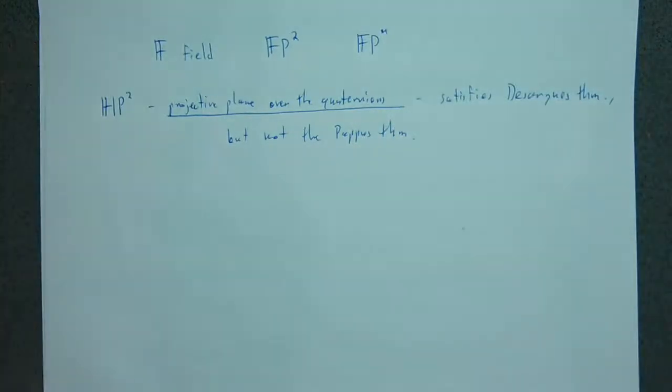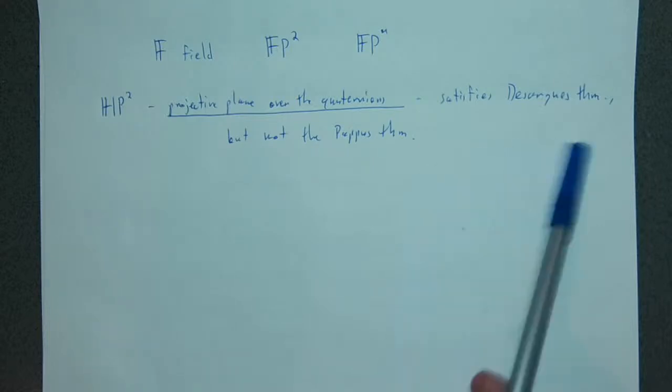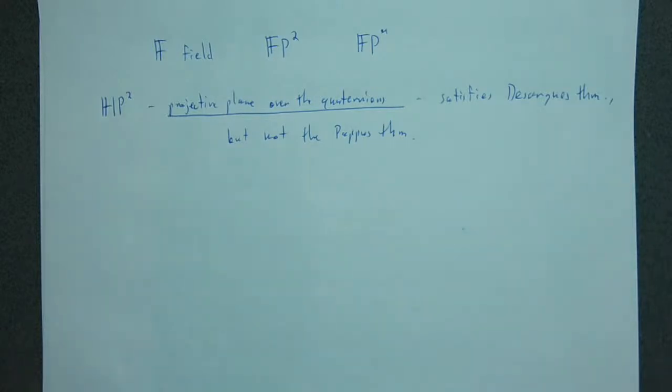The easiest way to intuitively think about why it satisfies the Desargues theorem: the quaternions satisfy all the field axioms except commutativity. So in particular, they satisfy associativity, and that's what the Desargues theorem tells you. So with associativity, you have the Desargues theorem, and so that's why this satisfies the Desargues theorem but not the Pappus theorem. So this is an example of a non-Pappian plane that satisfies the Desargues theorem.